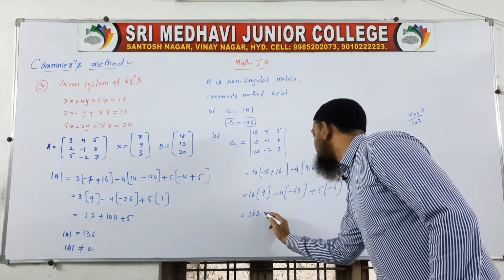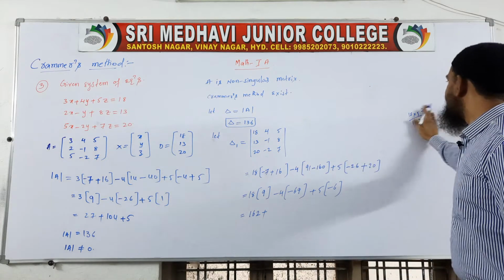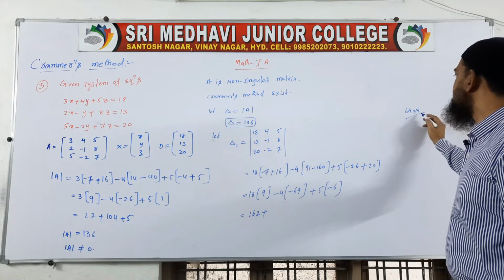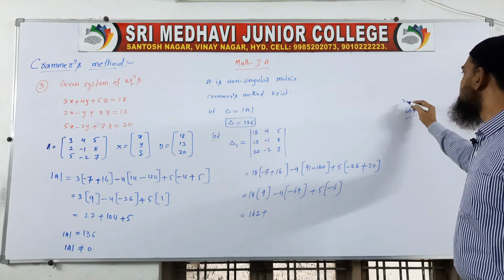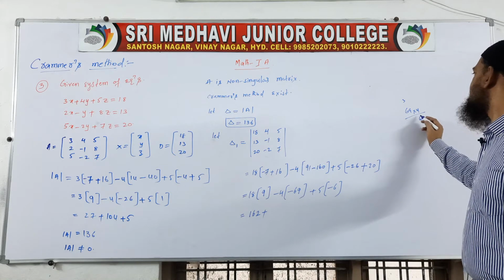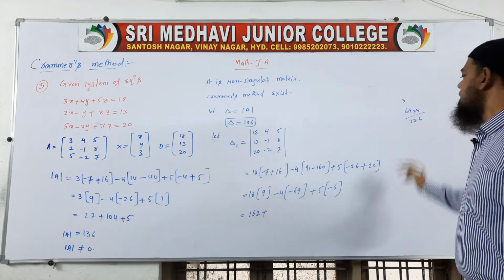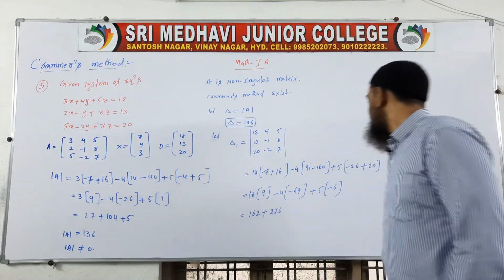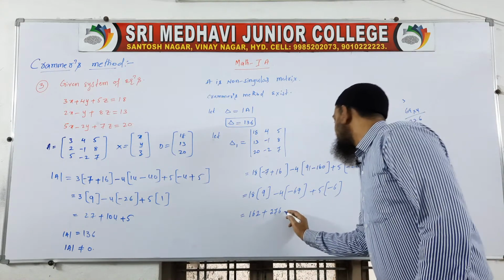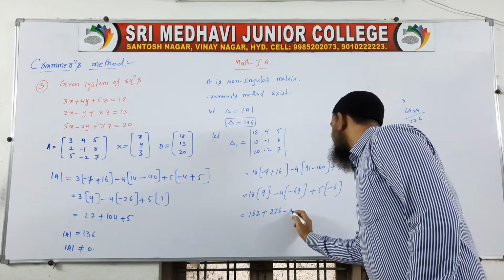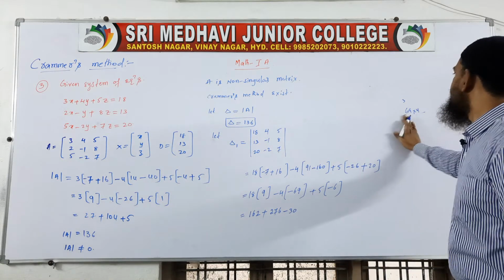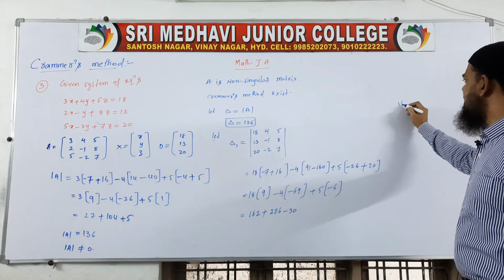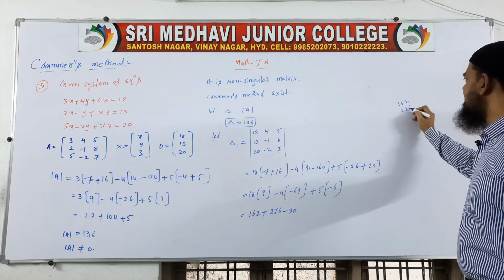162. Minus into minus plus. 69. 69 fours are 276. Here plus into minus, minus 5 6 are 30. Okay. Now we are adding that 162 and 276.